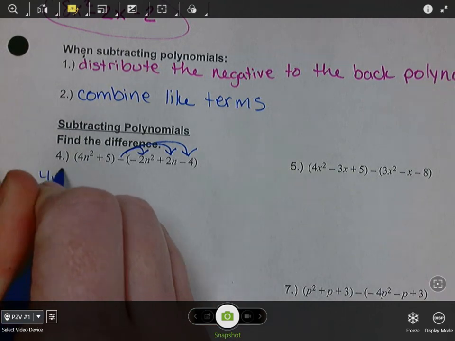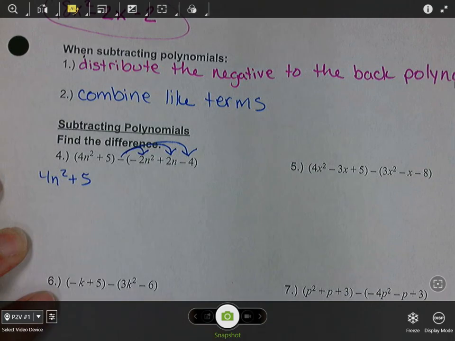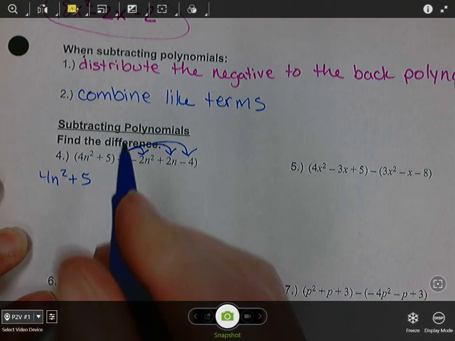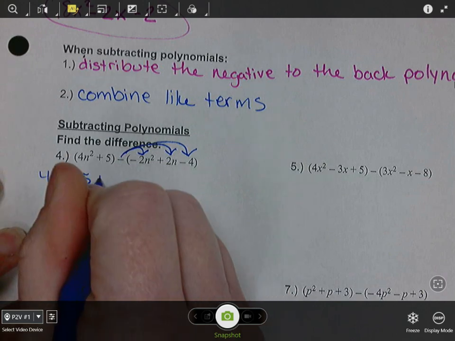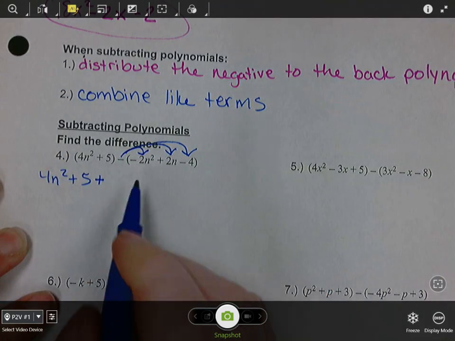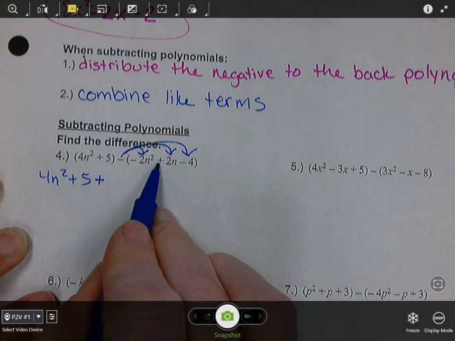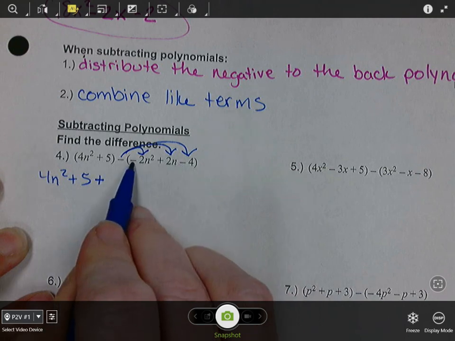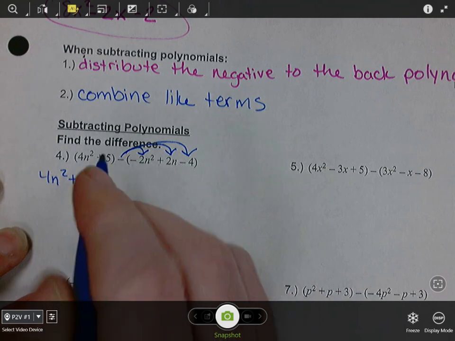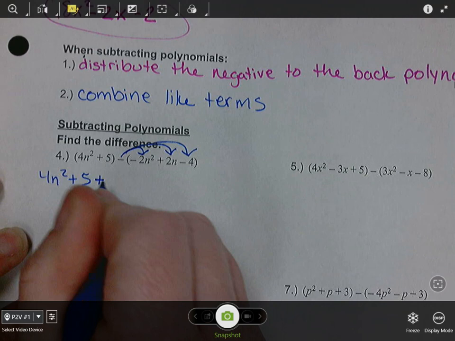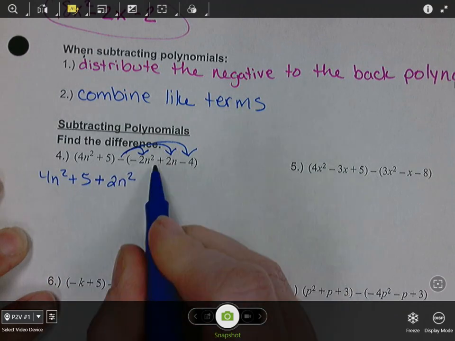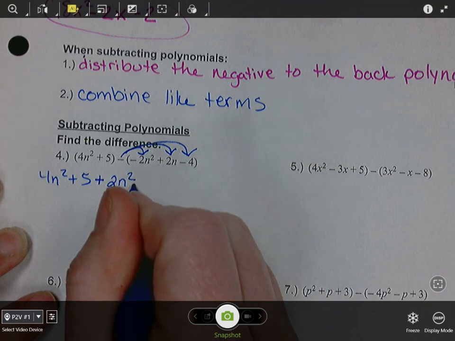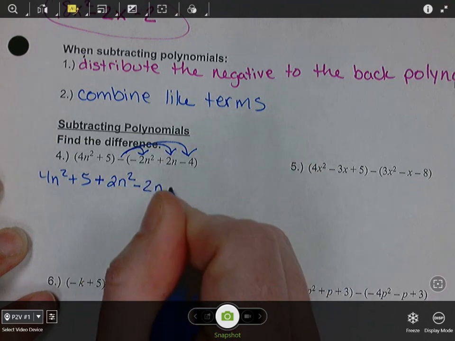We write that without the parentheses, 4n squared plus 5. This minus gets changed to a plus, and then you change every sign here. So this -2n squared becomes a positive 2n squared, and I've already got my positive sign, so I just leave it as 2n squared. That becomes -2n, and that becomes positive 4.